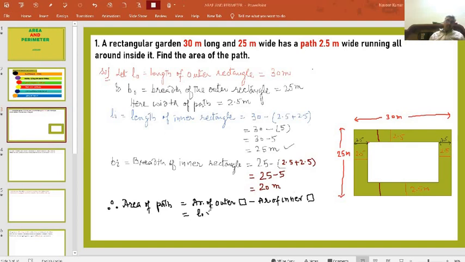LO into VO minus LI into VI. What is LO? 30 into 25 minus 25 into 20. Therefore, area of path is equal to 30 into 25 minus 25 into 20.